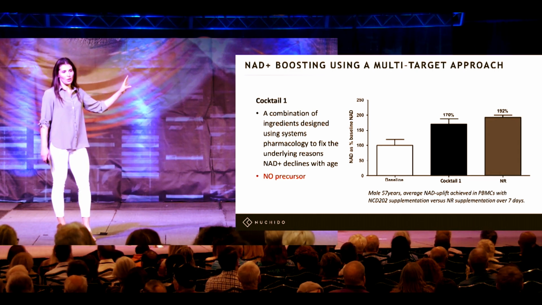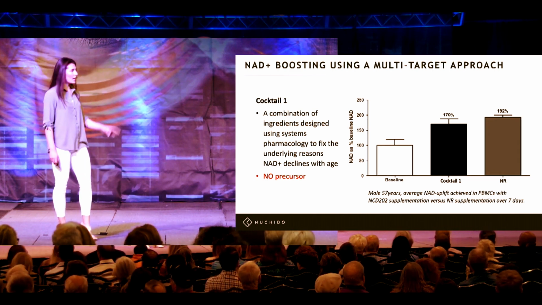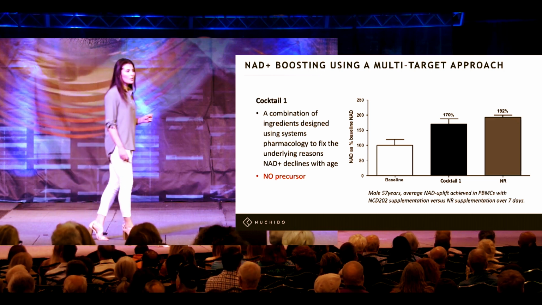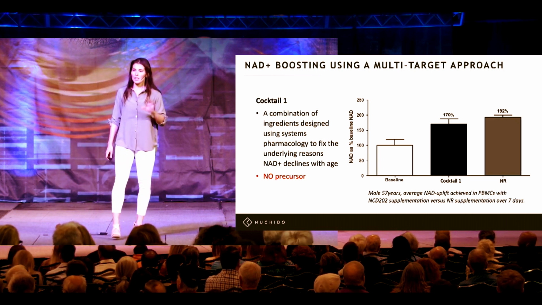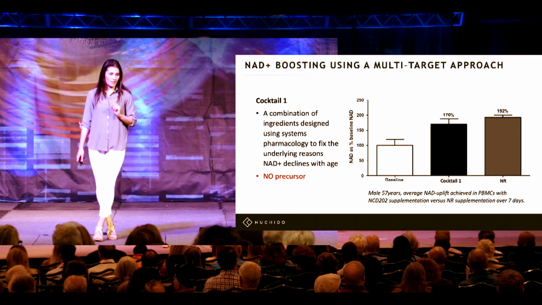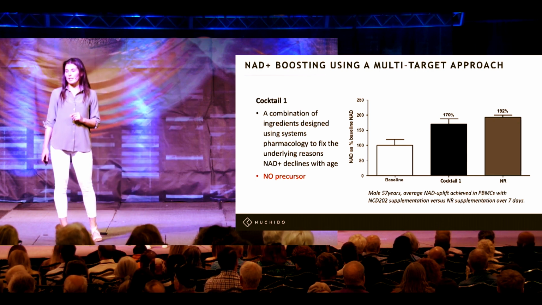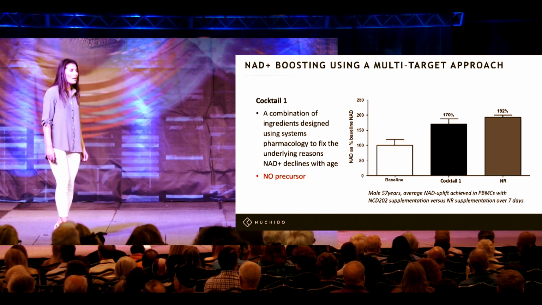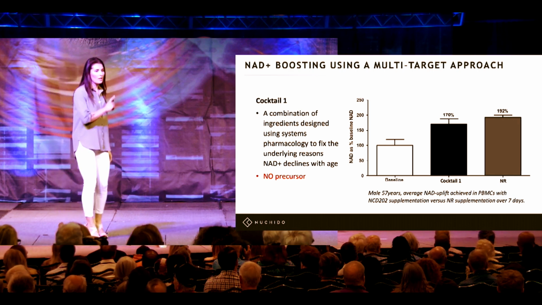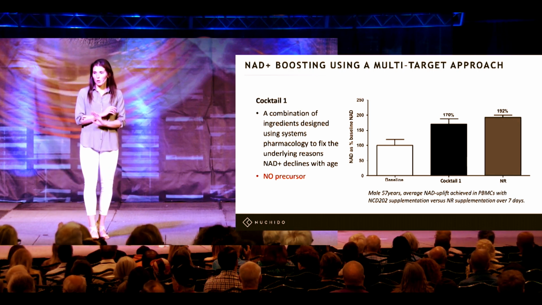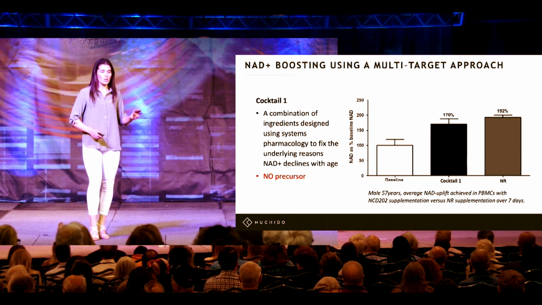So, first of all, one of the first experiments we did, we took a combination of ingredients that was designed using this approach. It was designed to fix the underlying reasons why your NAD declines with age. Now, the important thing to mention for this experiment is that we used no precursor whatsoever.